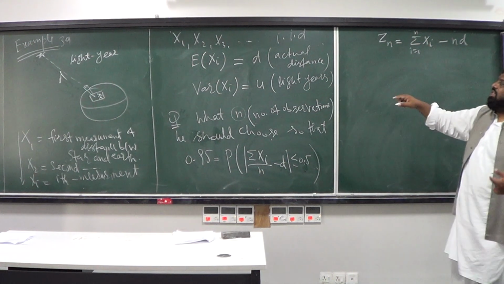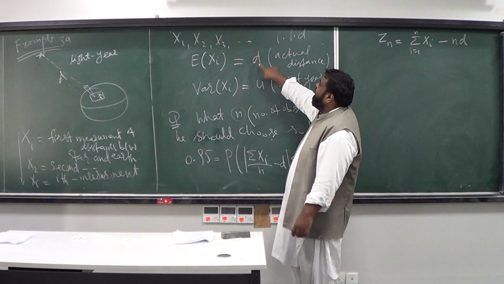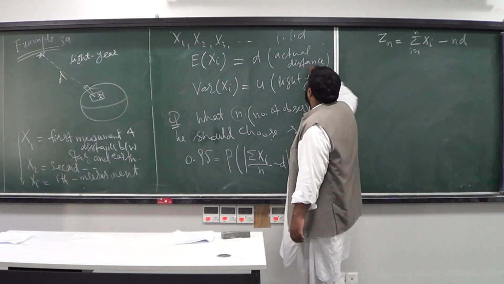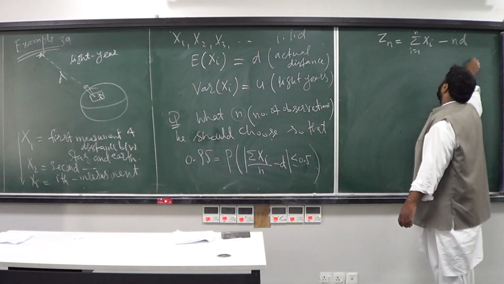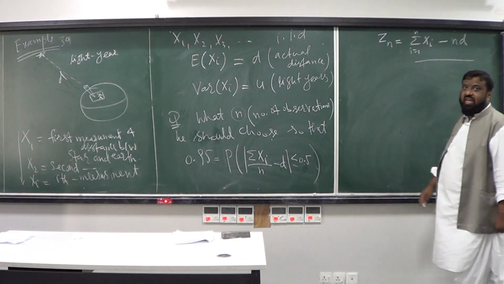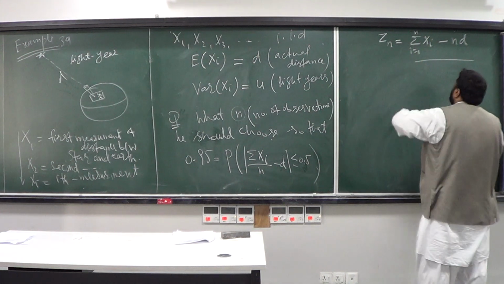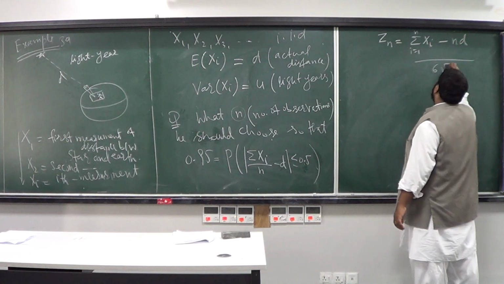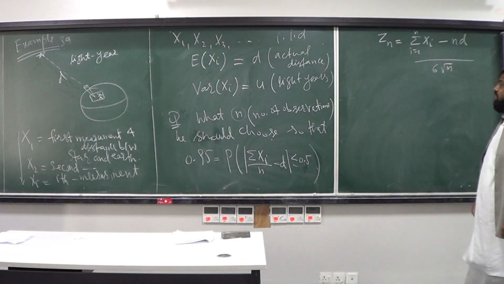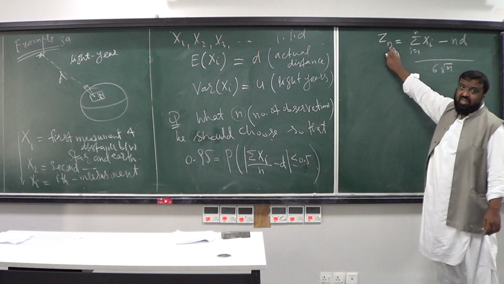Each Xi has average d, so the average of the sum is going to be nd, divided by the standard deviation of the sum of these distances. So let's call this Zn.